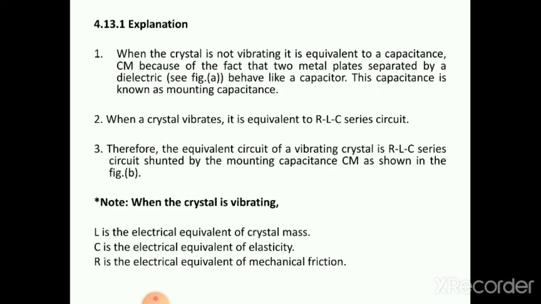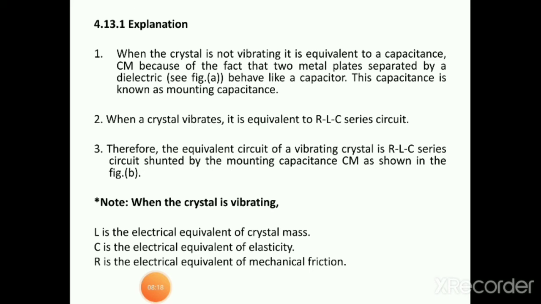Now see why we represented the crystal with this circuit. When the crystal is not vibrating, it is equivalent to a capacitance, that is Cm.